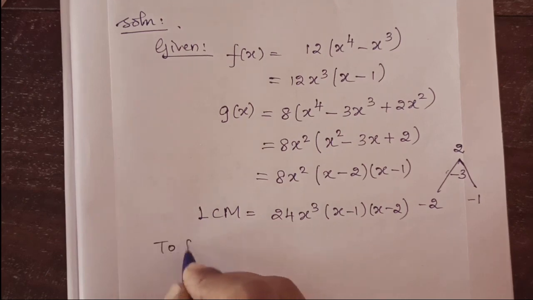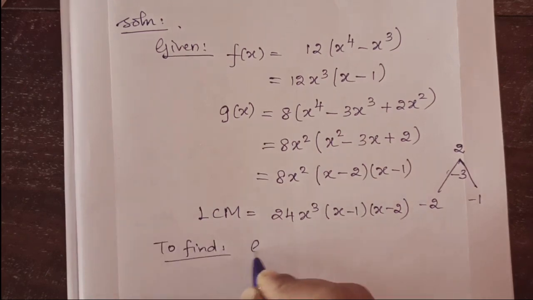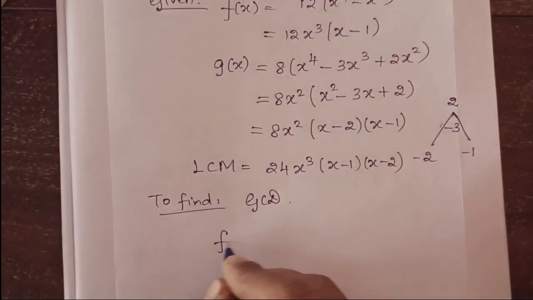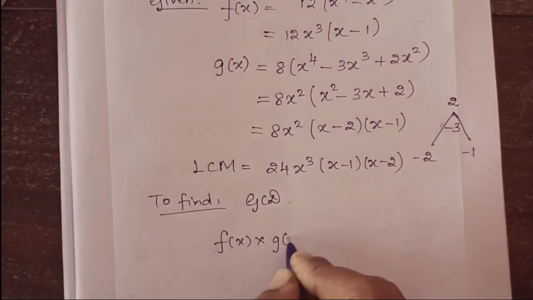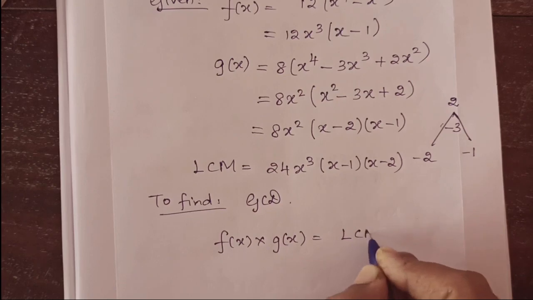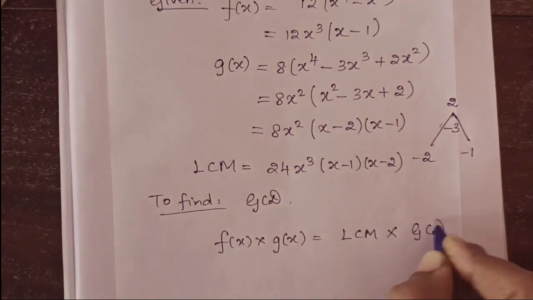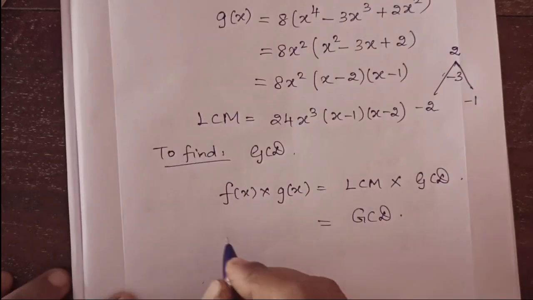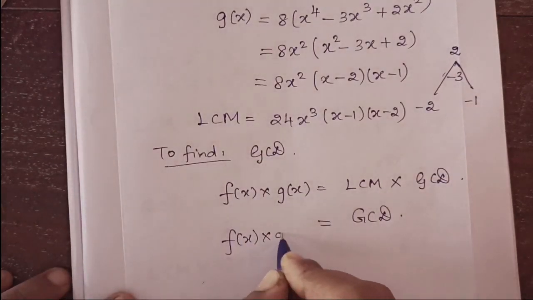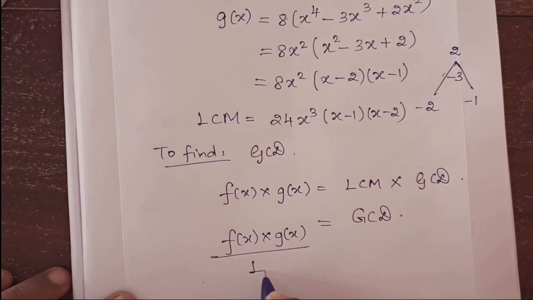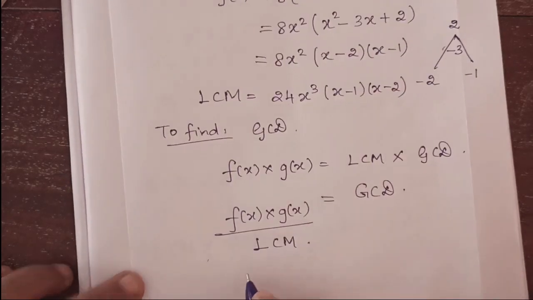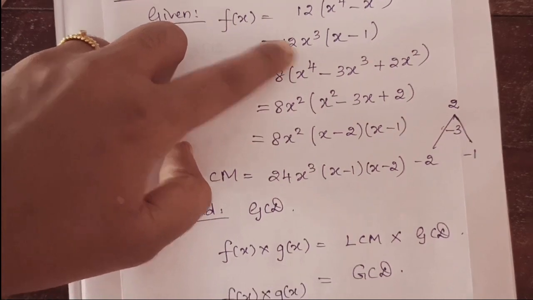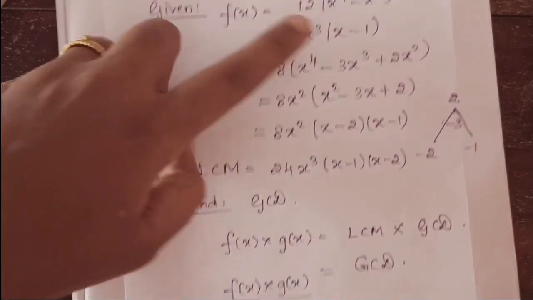We need to find GCD. So, the same formula again we are going to apply. f of x into g of x, which is equal to LCM into GCD. We need to find GCD. So let it be in this side. So f of x into g of x divided by LCM. So f of x, what is the value we got for f of x? 12 x cube, x minus 1.